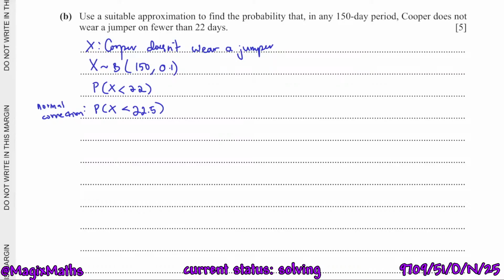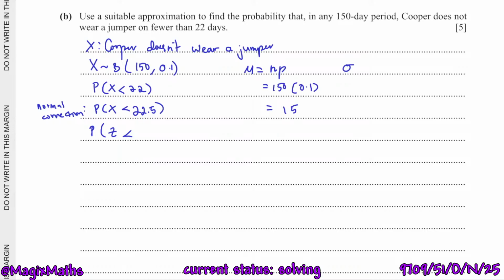So P(X less than 22.5), and then we'll have our z-score. Oops, I forgot to list down. Our mean here is np, or 150 times 0.1, which equals 15.